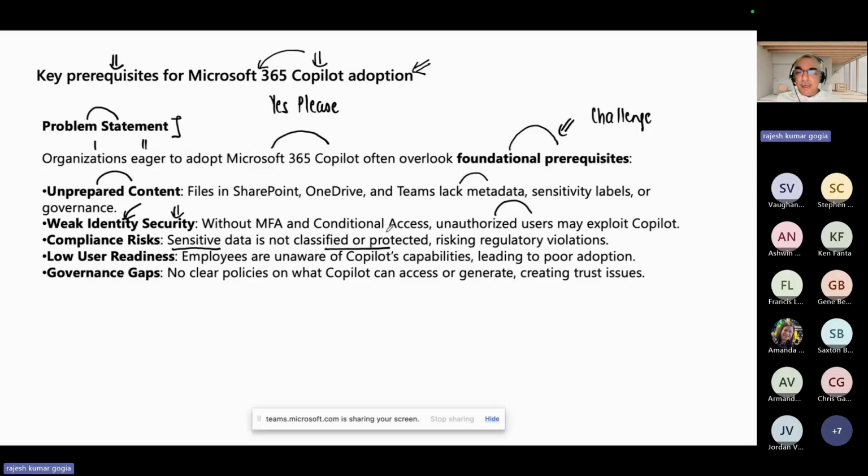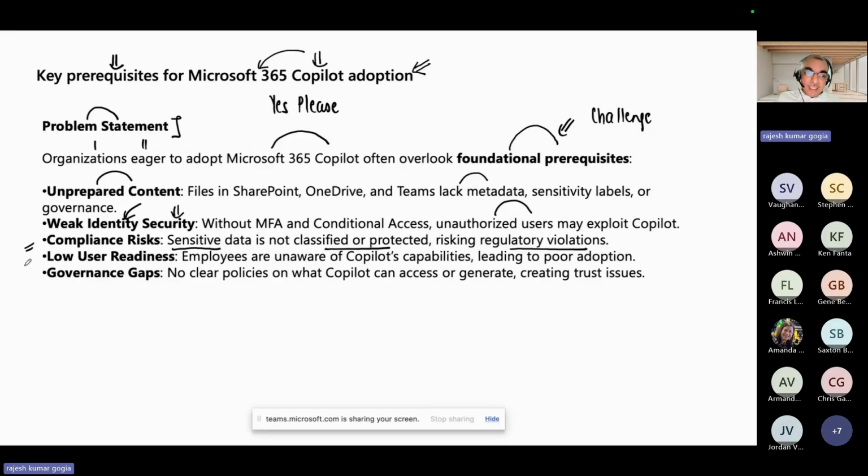This is really not acceptable. If the data is not classified and not protected, what are you risking? You're risking regulatory violations, so there would be a huge compliance risk. So what is happening? The organization is eager, but they often overlook the foundational prerequisites.